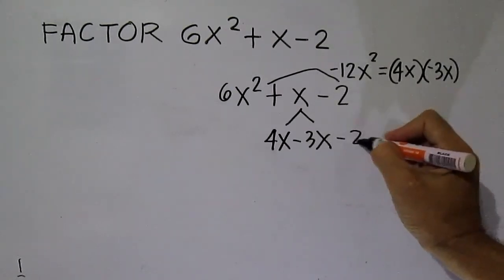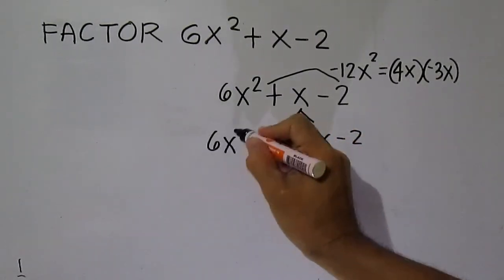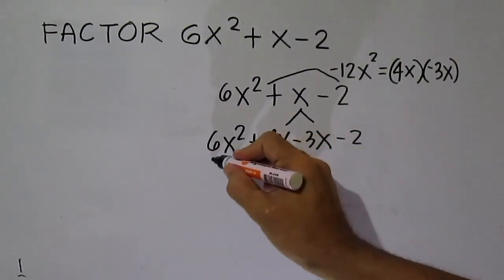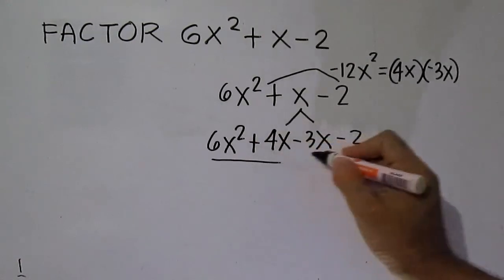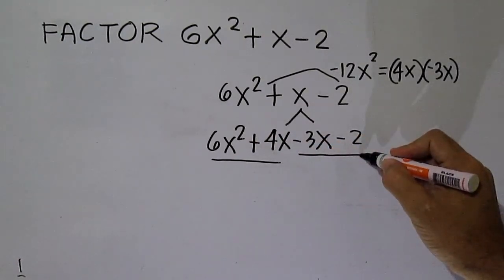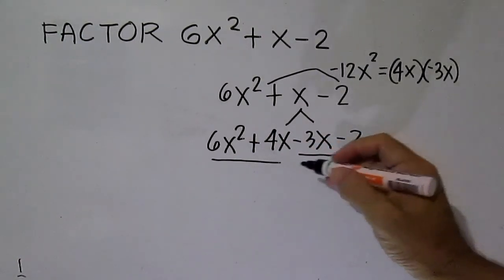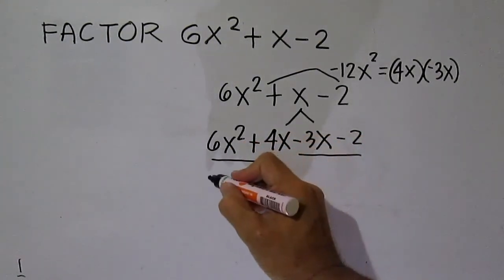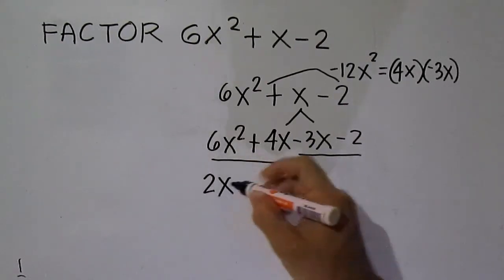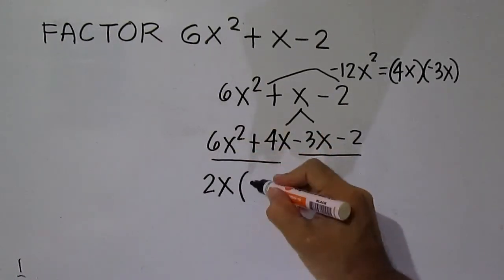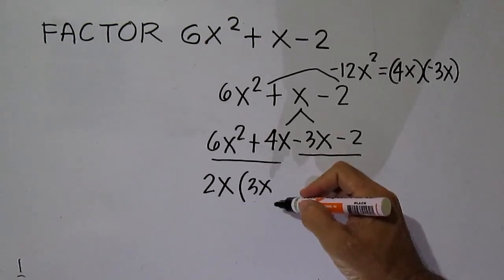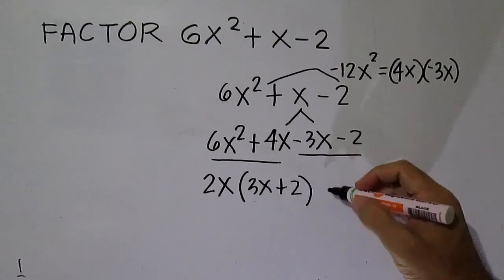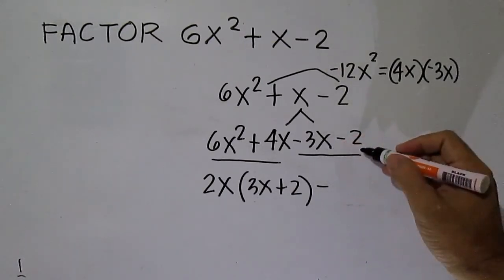Copy 6x squared and negative 2. Then we have 4 terms. Factor by grouping. Group the first 2 terms together and the other 2 terms together. Then find the GCF of the first binomial. We have 2x. 6x squared divided by 2x is 3x. 4x divided by 2x is 2. Negative 3x minus 2. The GCF is negative 1.